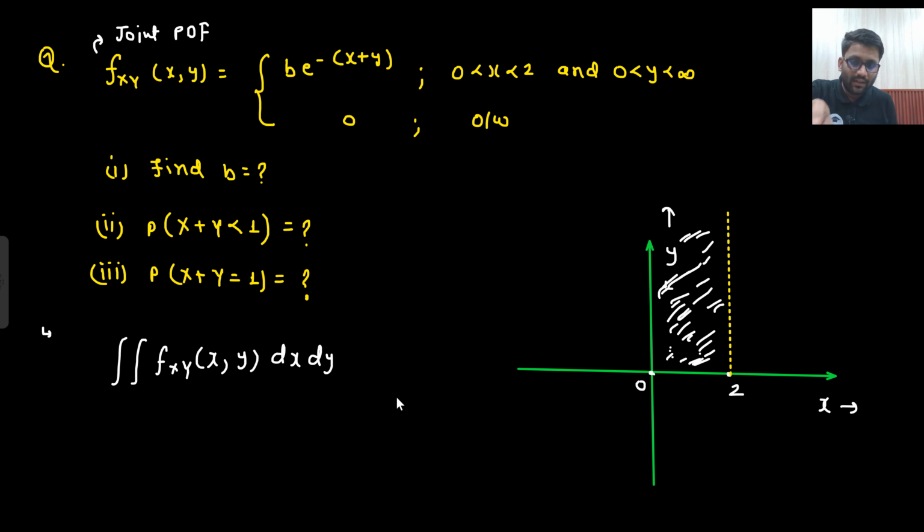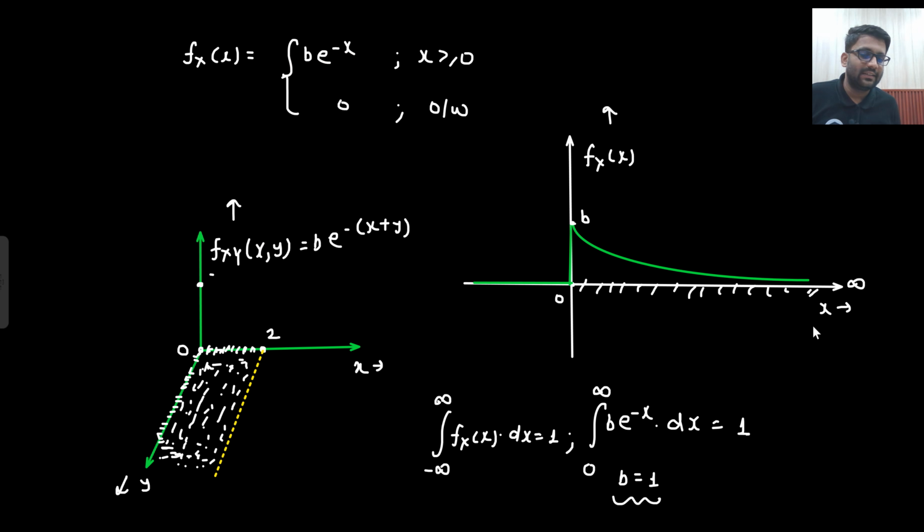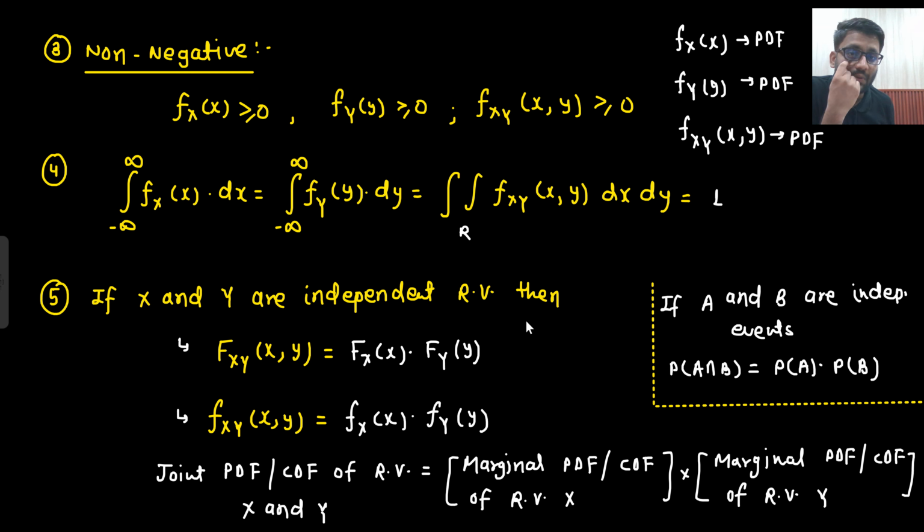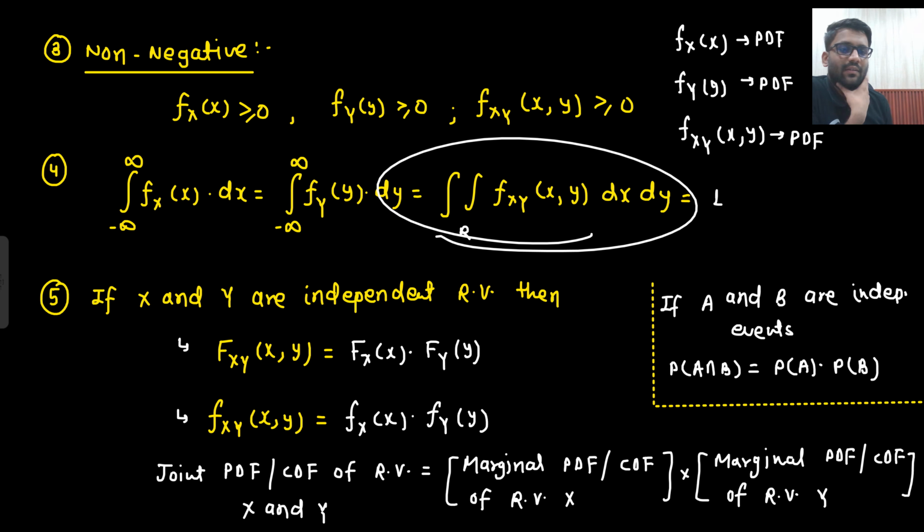But now, in the two-dimensional random variable, this axis has been changed to a plane. So now what I need to do? I need to integrate this particular thing over the plane, or you can say region R, and that would be equal to 1. So now are you able to understand this particular thing?